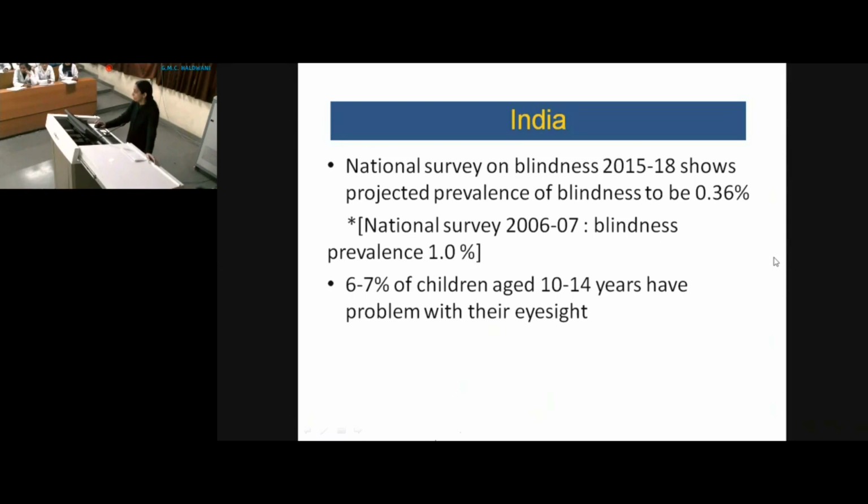So you can see that we are seeing a reducing trend. 6 to 7% of children aged 10 to 14 years have problems with their eyesight. And what is the most common eyesight problem in this age group? Refractive error, right? That can be myopia, hypermetropia, but it is refractive error.